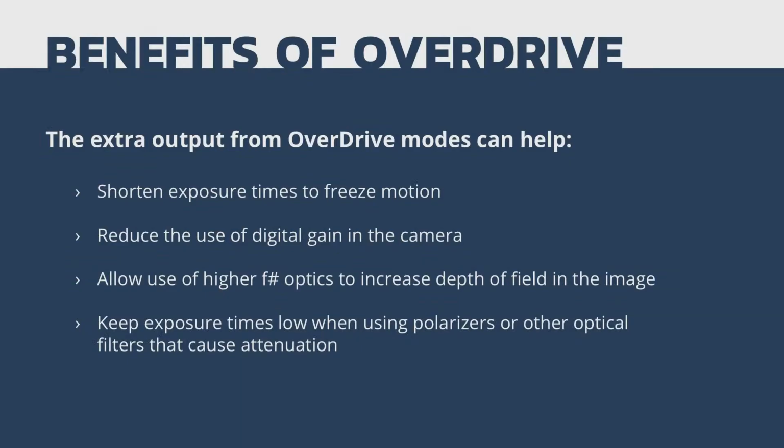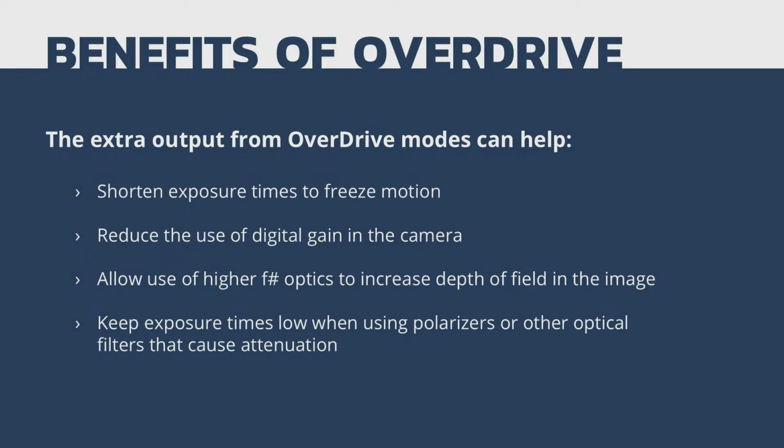So now that we've established the two basic benefits of overdrive, that we get extra light from the light for free and that it can actually increase the lifetime, what other benefits do we get? Most of the other benefits come from the fact that we have extra output from the overdrive mode and that we can use that extra light to help us do other things.